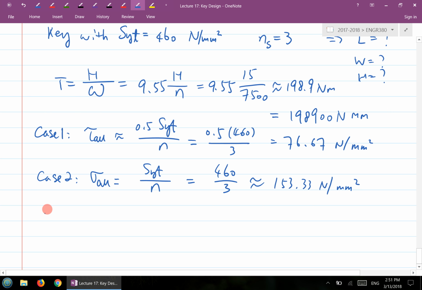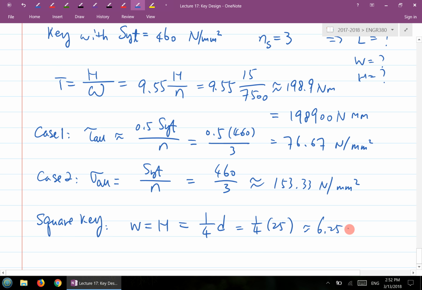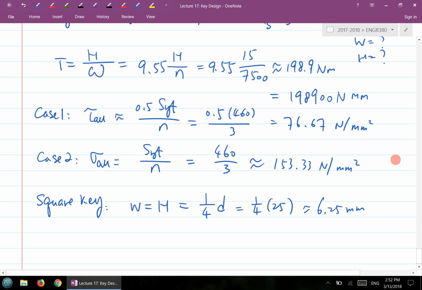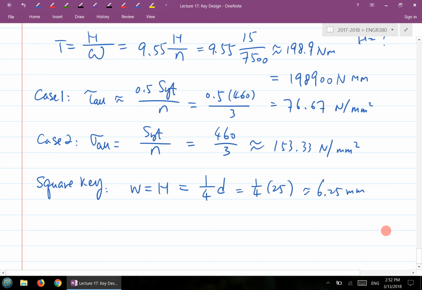But anyway, so now we're talking about square key. Square key meaning W is the same as the H. So we're going to take, let's say, 1/4 of the shaft diameter. That's 1/4 times 25, and that gives us 6.25 millimeter. For the W and the H, you never use any decimal numbers.